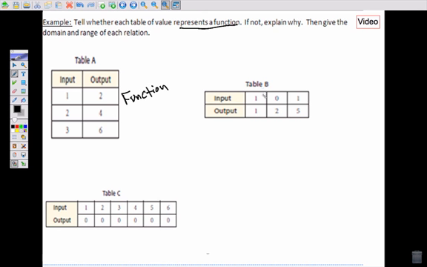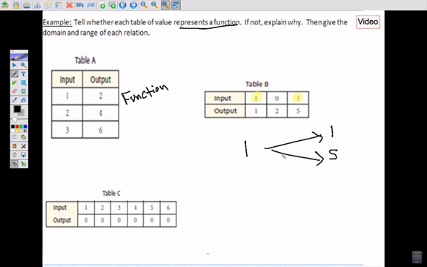Table B over here, we've got an input of 1 going to 1, 0 going to 2, 1 going to 5. Look at the ones for a minute. We input a 1, we get 1. We input a 1, we get 5. This is a case where 1 goes through the function machine and ends up as 2 different things.